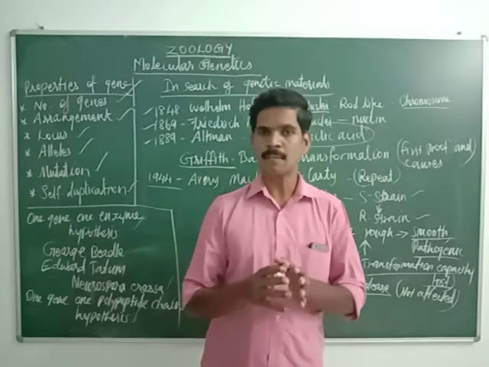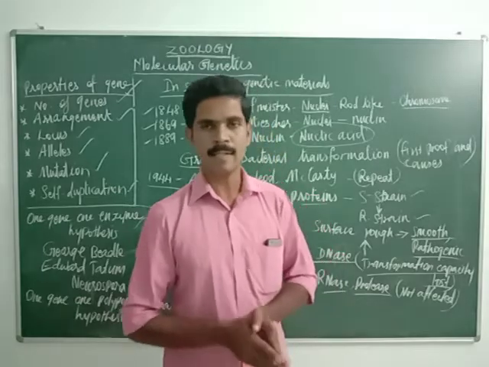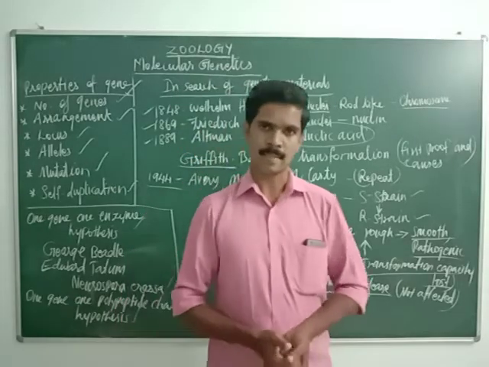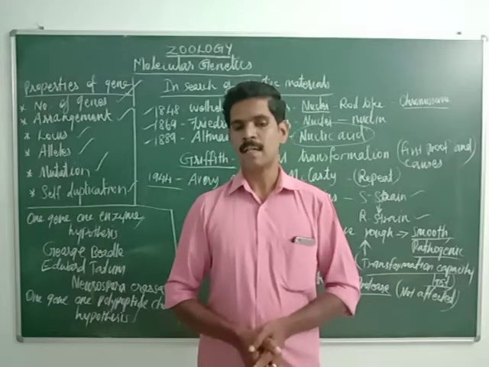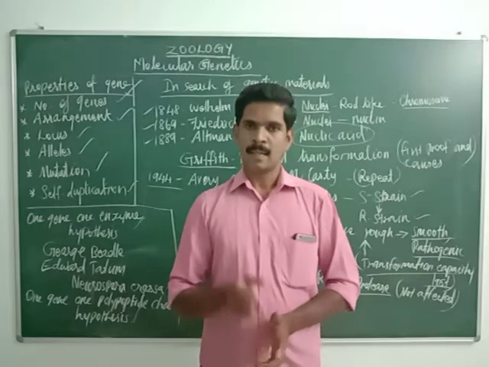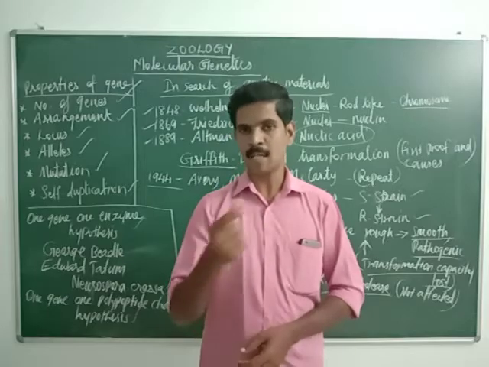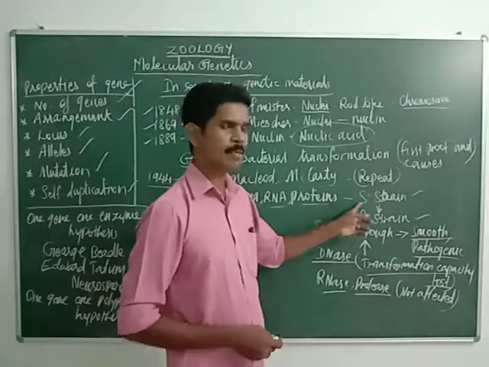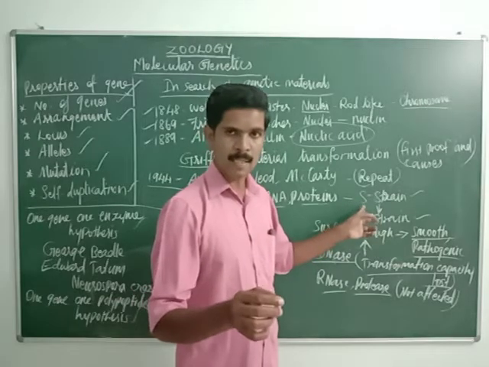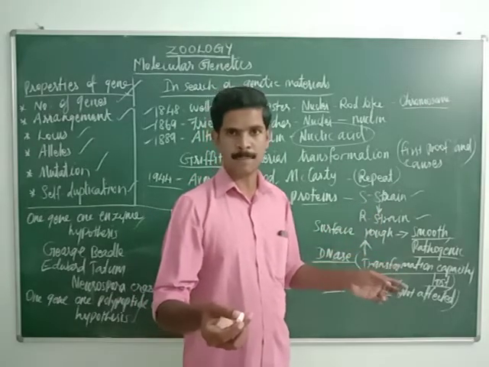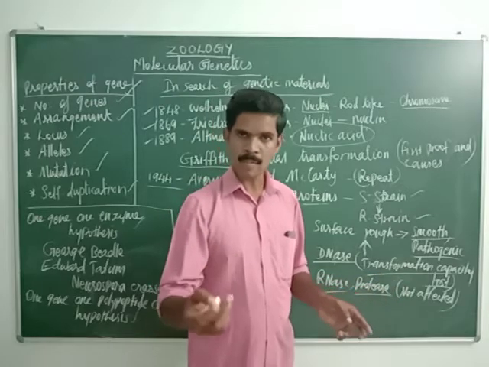So this is one of the very important proofs that DNA is the genetic material in the bacterial cells. This experiment says that the DNA of one type of bacteria is added with another type of bacteria.